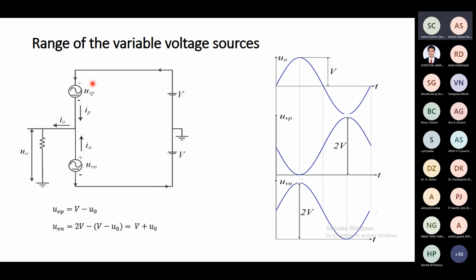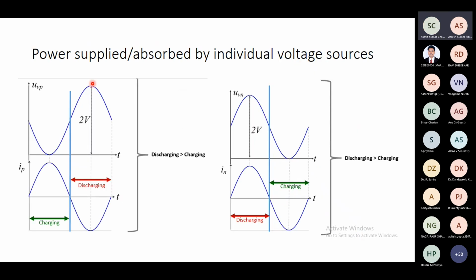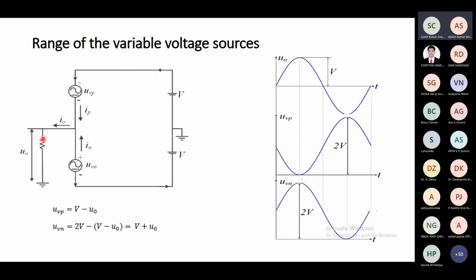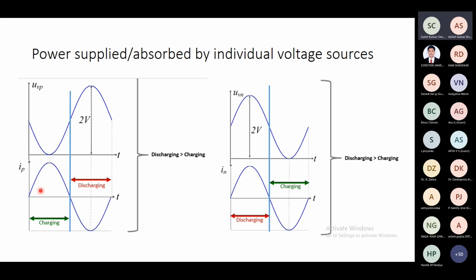But what is the amount of charging and discharging for a given current? Let's observe. Let's check this IP. Consider that this is a resistive load. Similar things will happen for a non-unity power factor, but for simplicity, consider a resistive load. So this is IP, the direction.